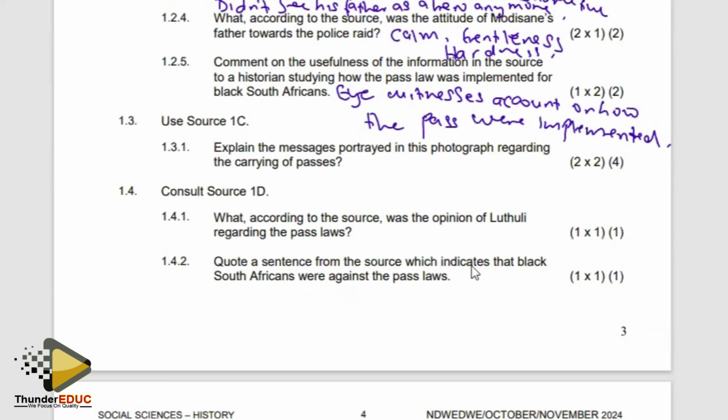Explain the message portrayed in this photograph regarding the carrying of passes. Okay, the first message, 1.3.1. All right, the first one is it reveals all.